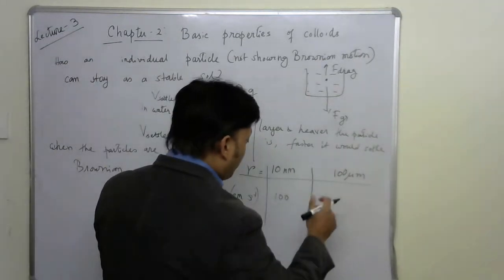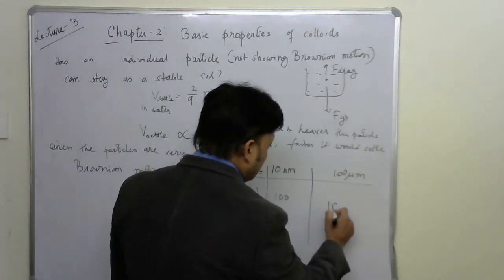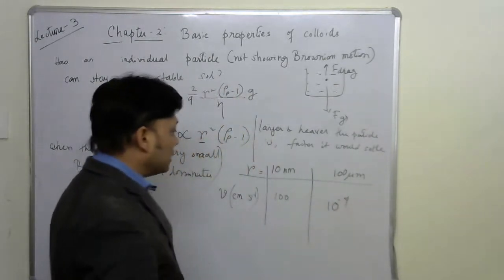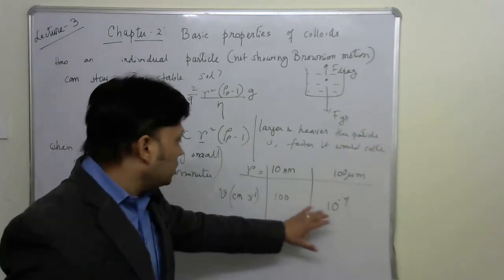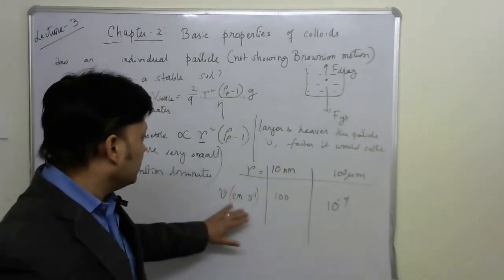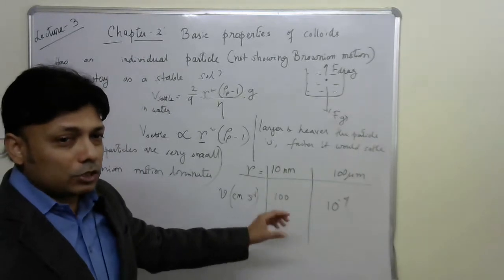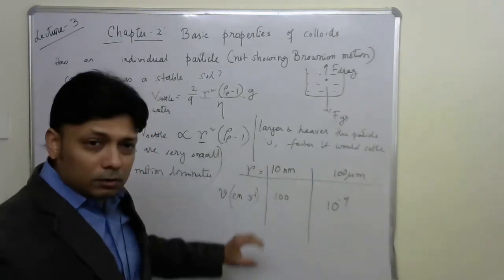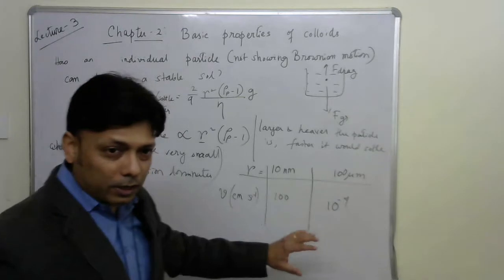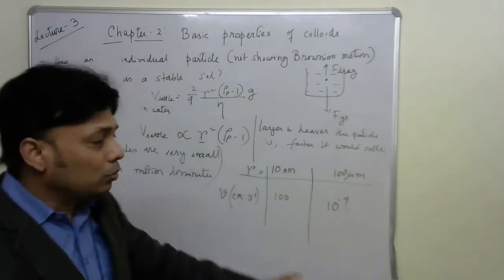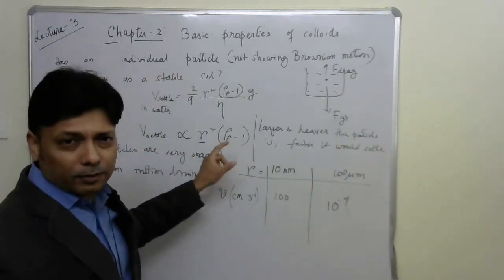And then for 100 micron this velocity becomes 10 raised to the power minus 4 centimeter per second. So you see how vastly the velocity in Brownian motion varies. Therefore whenever your particle is very small, Brownian motion takes care, so you don't have to worry about this equation there.